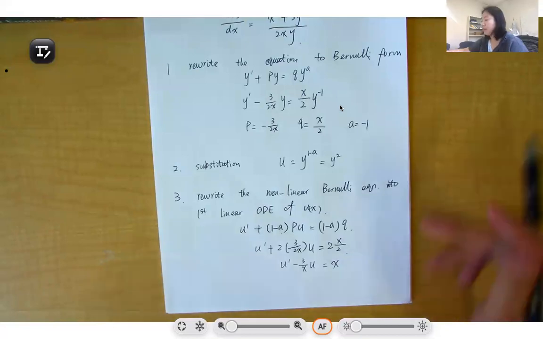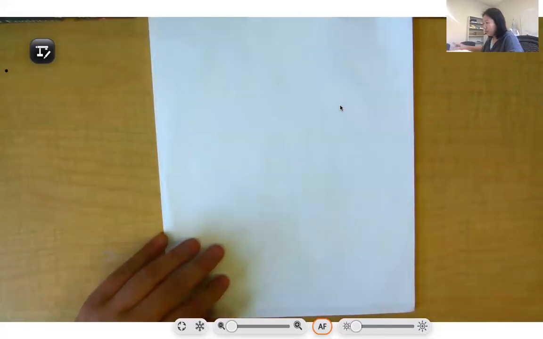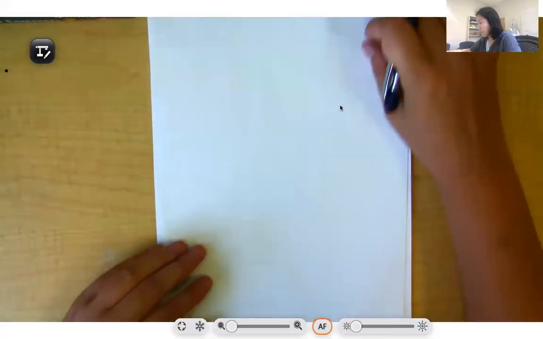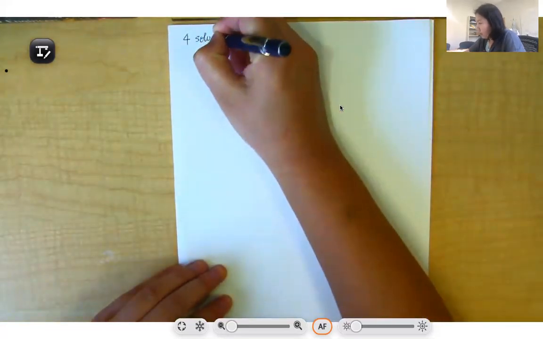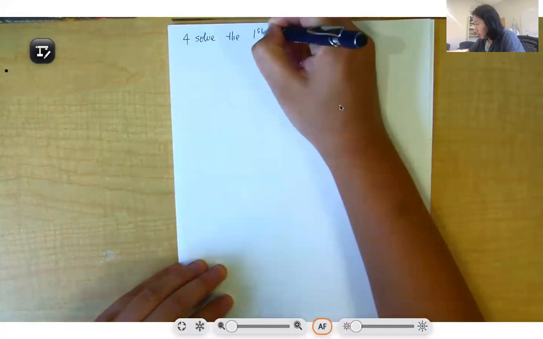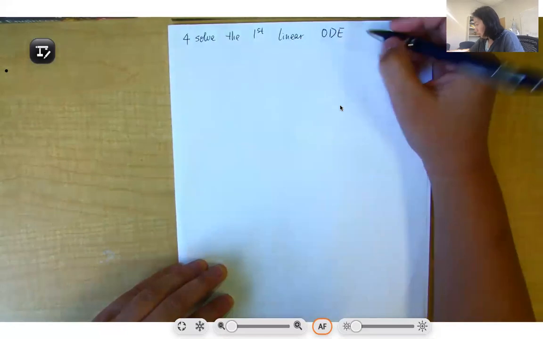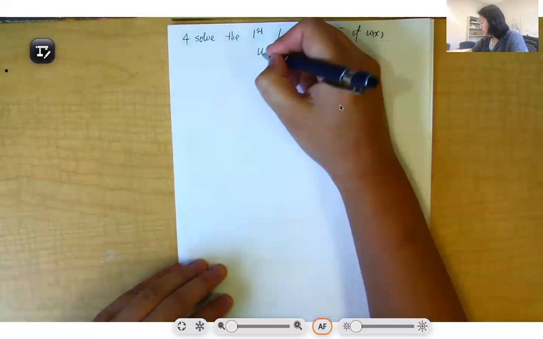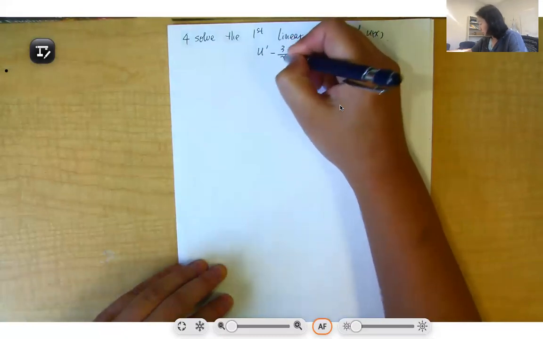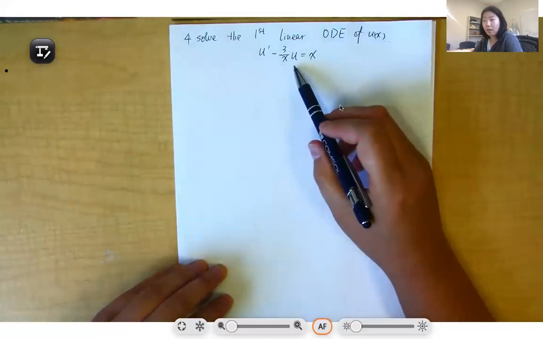Okay. Then how do we solve these equations, right? How do we solve it? To solve the first order linear ODE of u of x, which is u prime minus 3 over x, u equals x, this is the linear ODE we are going to solve.